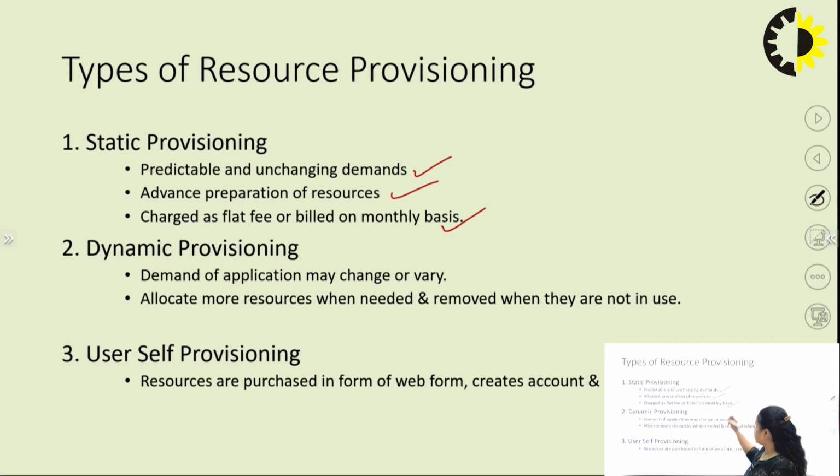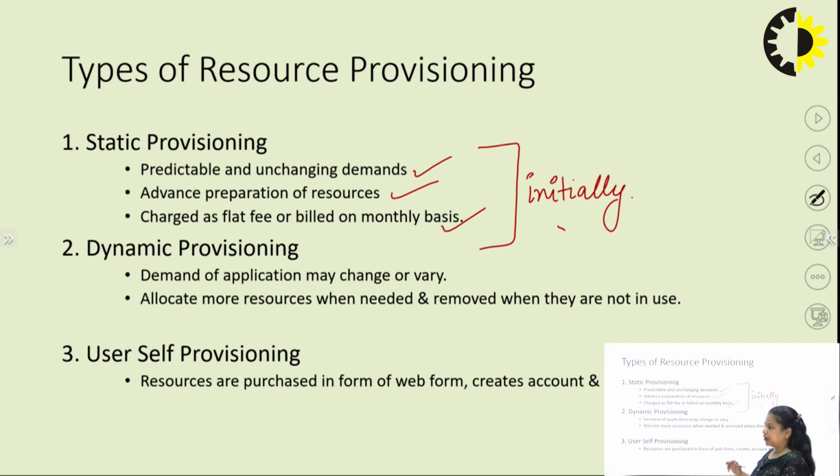Because all the resources are allocated initially, their resources are fixed, their demands are to be fulfilled, and on that basis the bills are generated. So instead of paying on a regular basis or on demand, it is better to pay a flat fee or on a monthly basis.